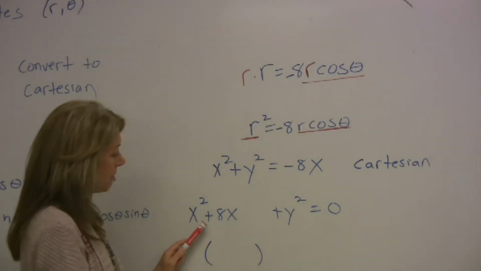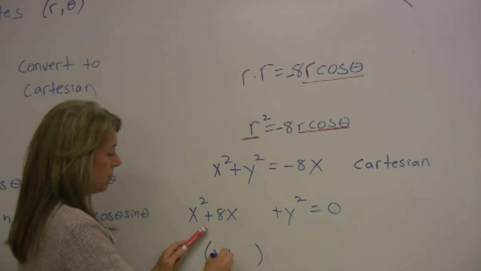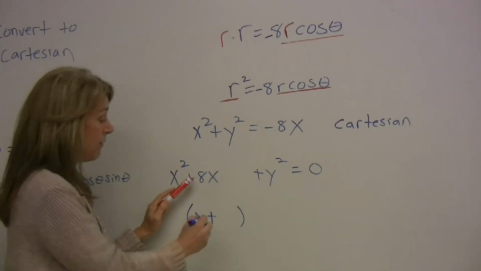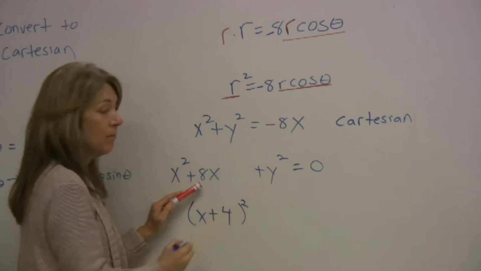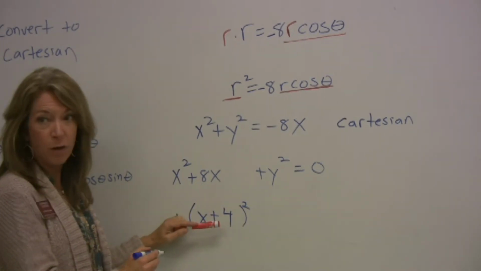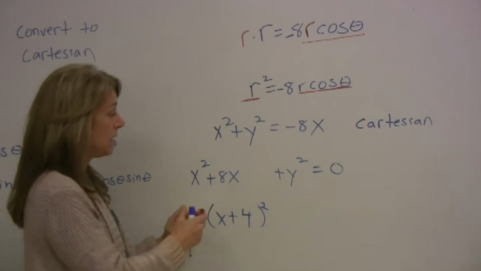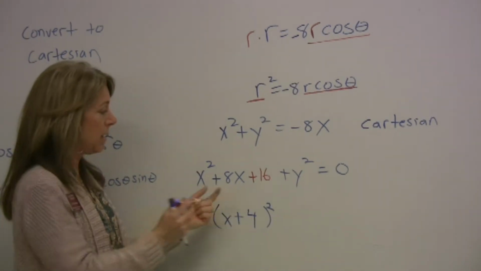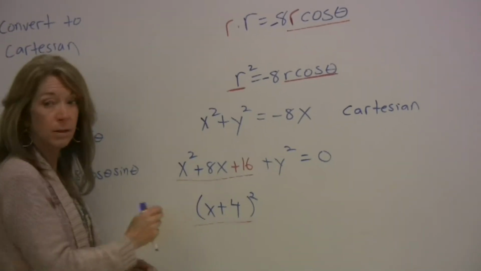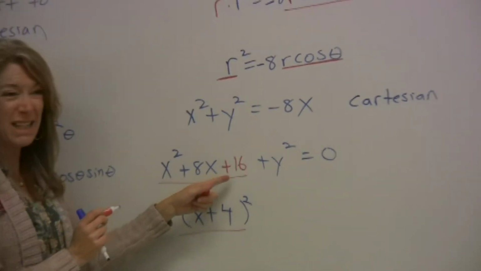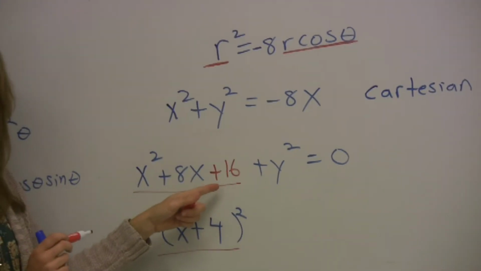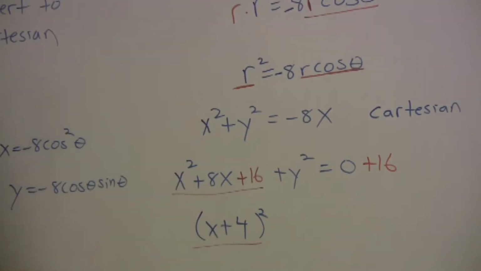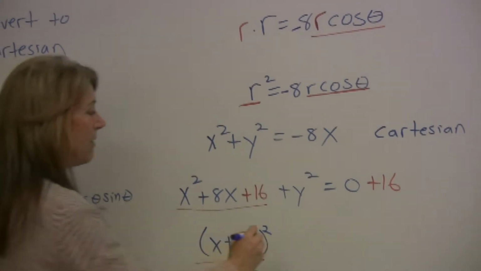If I want to write this as a perfect square, it's going to be x plus half of this. Half of this is 4. But if I square that 4, what am I going to get? 16. So I need to have a 16 right here to make this part equal this part. But I just added 16 to this side of the equation, so I'm going to add it to the other side of the equation. Now I have this.